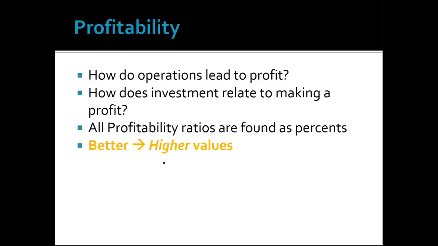How does the way it makes investments relate to how it makes a profit? One of the things you're going to discover is all the profitability ratios that we are going to learn will be answered as percents, not 1 point something or 10 point something or so many days. It's all going to be percents. And in profitability world, the higher, the better.